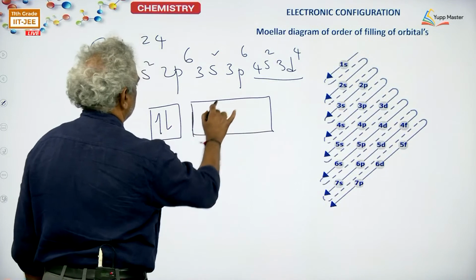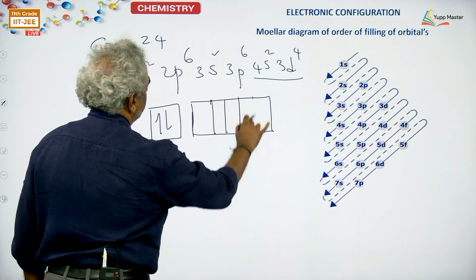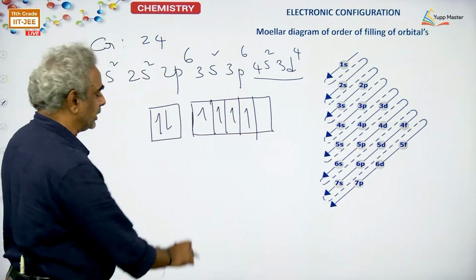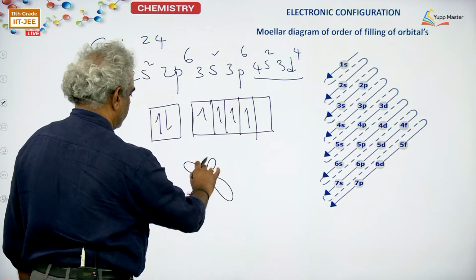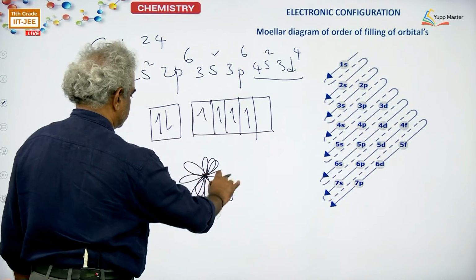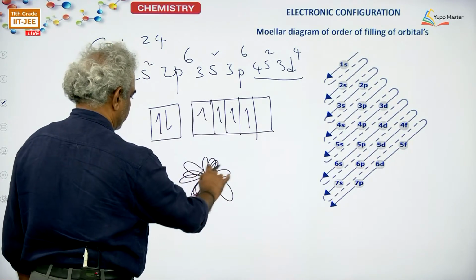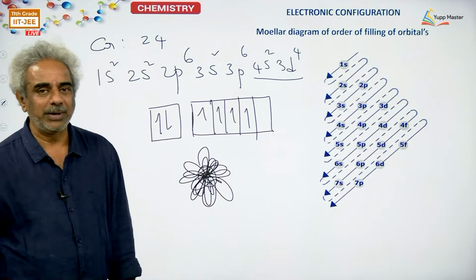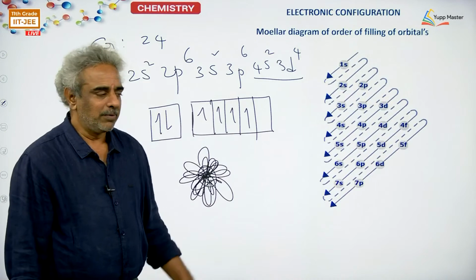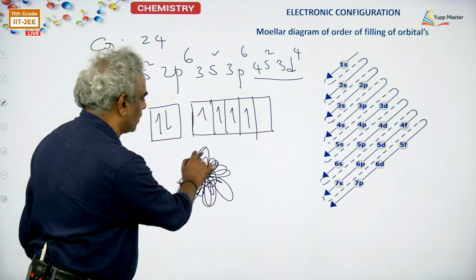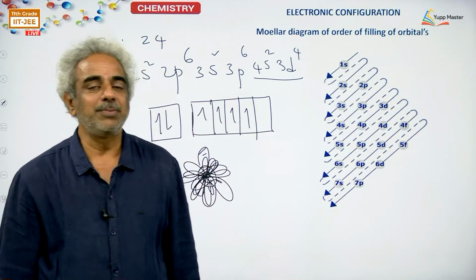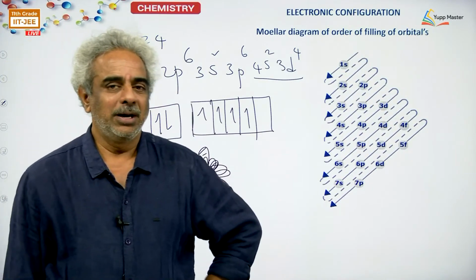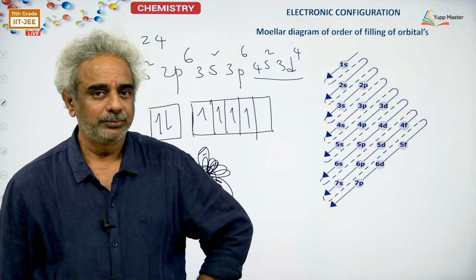In d4, you have got 5 orbitals, and 4 electrons are distributed: dxy, dyz, dzx, dx²-y², dz², neatly distributed orbitals in space. But only 4 are filled with electrons, 1 is not filled, so the spherical symmetry will be lost. There will be imbalance in the electron density distribution in the orbitals.